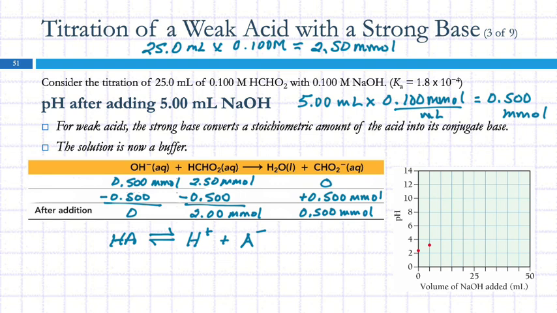So our concentration of HA then is 2.00 millimoles divided by the total volume, 25 milliliters plus 5. Right, so that's 30. So we've got 2 divided by 30, 0.0667 molar.